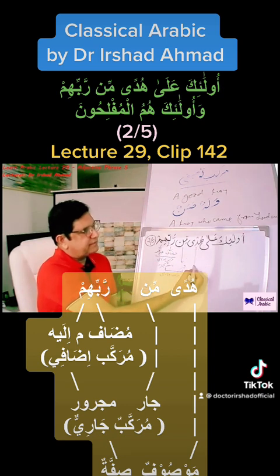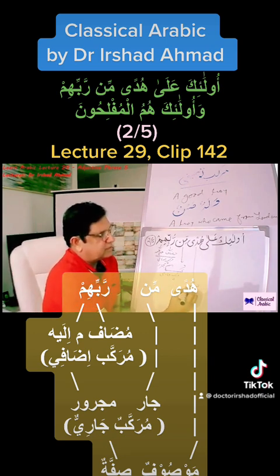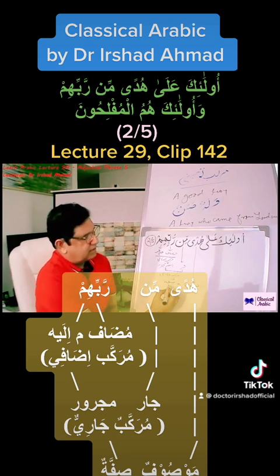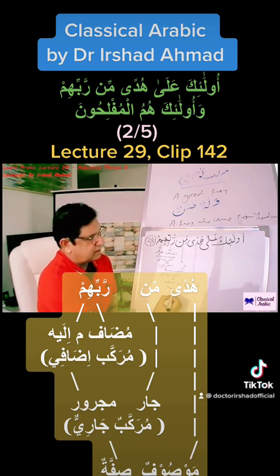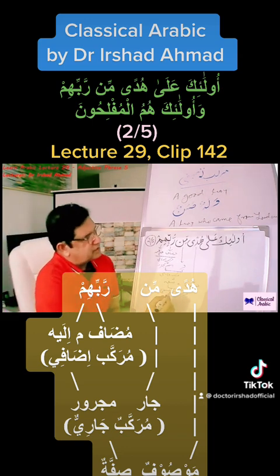We have already concluded this is sifa, and this will be mawsuf, sorry, this is mawsuf, not sifa, mawsuf. So for this mawsuf, this will be sifa, and mawsuf and sifa combine to make murakkab tawsifi.